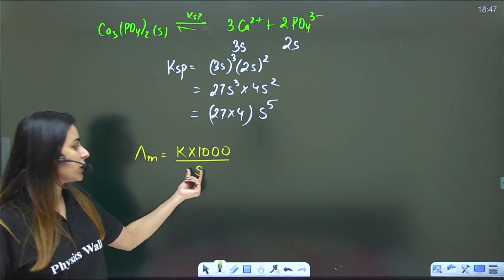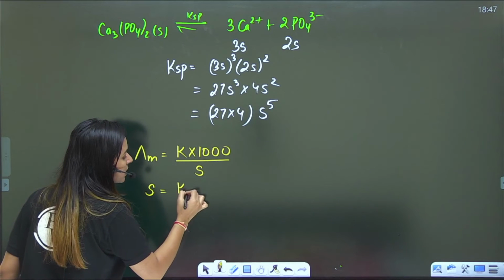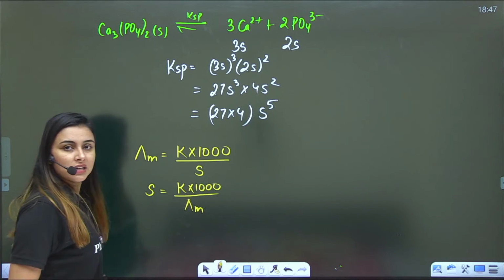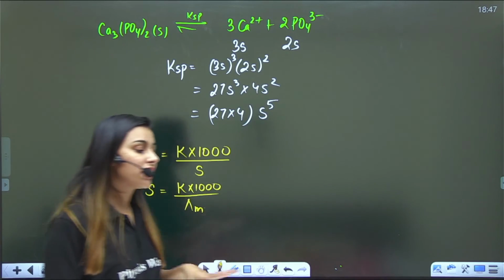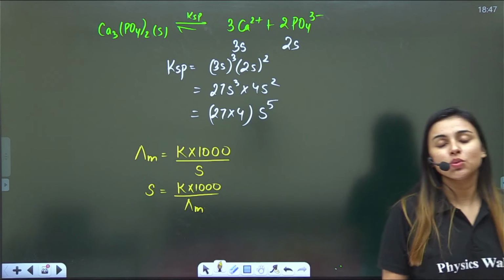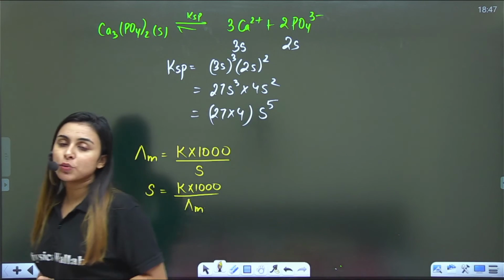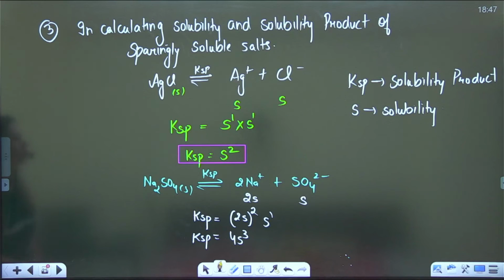So, you can write S here. So you can calculate S as K into 1000 upon molar conductivity. Once you calculate this, put this into the KSP value and you can calculate the solubility product as well. So this was the application for the solubility product and solubility. Okay. So if you want to write it, pause the video, write it, and then we'll move forward.